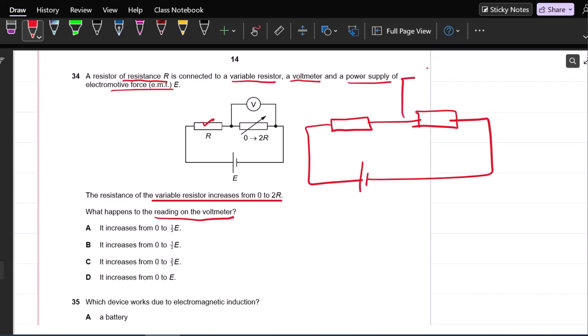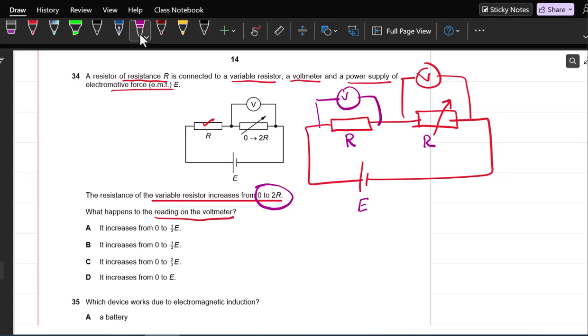Here we have to find the voltage. This is a variable resistor. This is a fixed resistor having resistance R, and the variable resistor can have a range of 0 to 2R. So let's suppose I do R this. So I'm having EMF E. Same resistance, so the voltage drop will be the same.